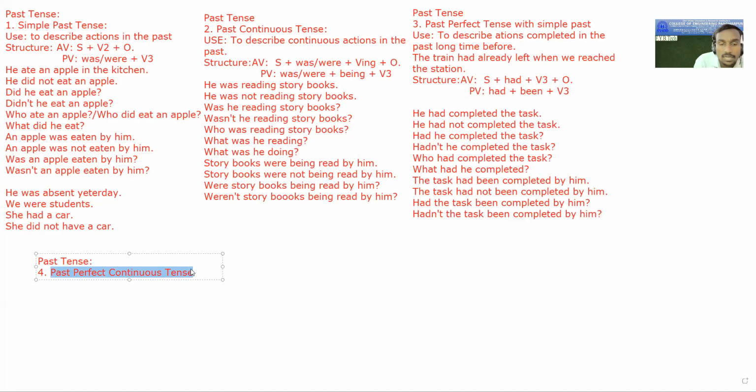म्हणजे एखादी क्रिया ही भूतकाळामध्ये सुरू झाली आणि भूतकाळामध्ये ती सुरूच होती असं सांगायचं असेल. To describe such actions, we use past perfect continuous tense. And in case of present perfect continuous tense, एखादी क्रिया भूतकाळामध्ये सुरू होते आणि ती आता सध्या सुद्धा सुरूच आहे असं सांगायचं असतं. So in that case, people use present perfect continuous tense.